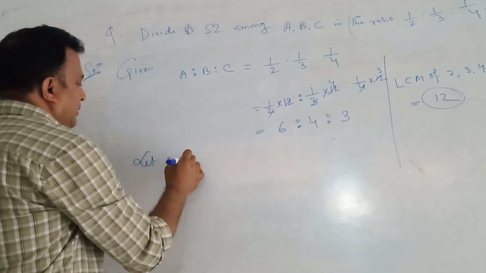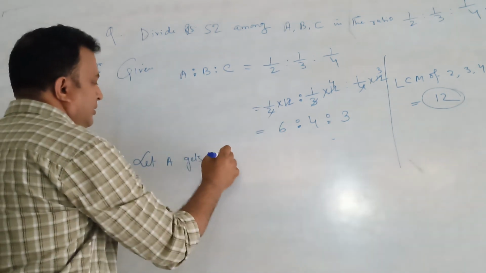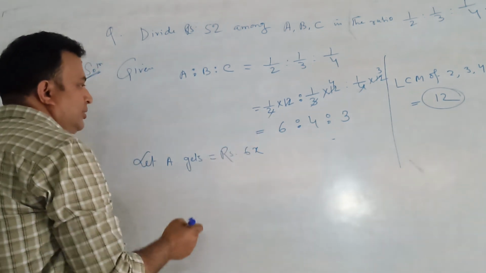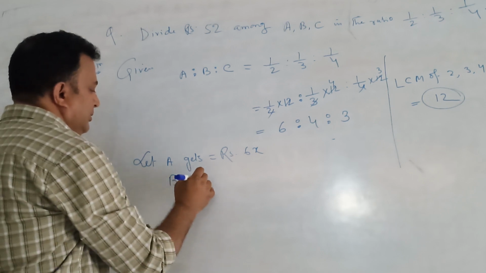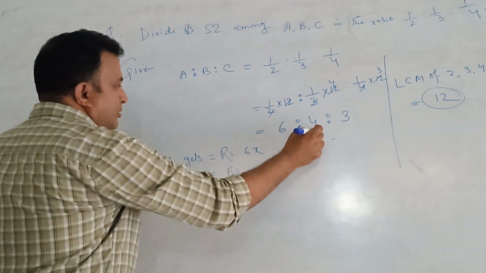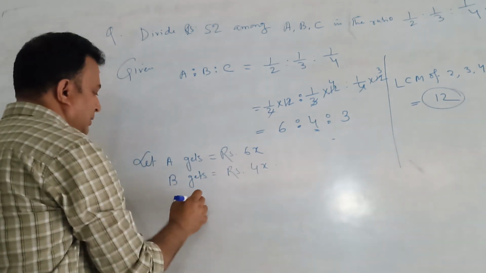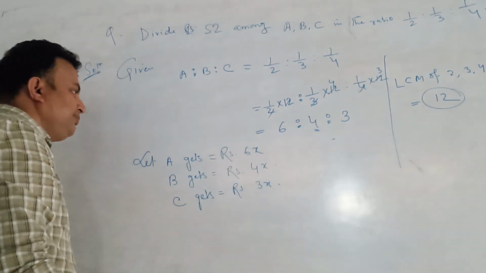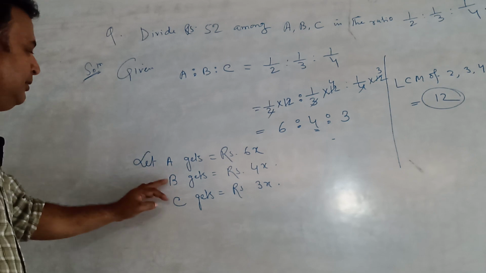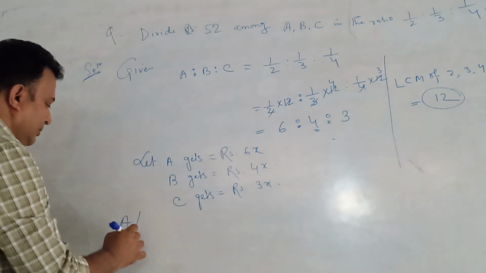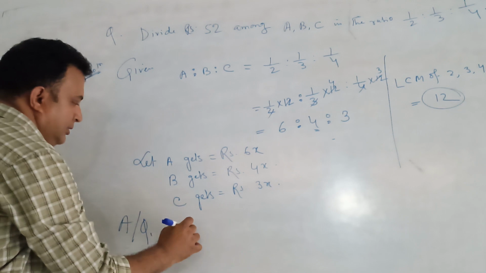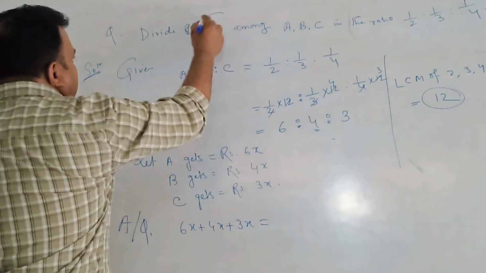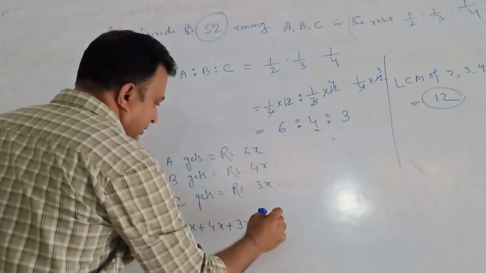Let A gets rupees 6x. We suppose it. B gets rupees 4x and C gets rupees 3x. Now the share of A, B, C altogether: 6x plus 4x plus 3x altogether will become, how many rupees we have to divide among A, B, C?